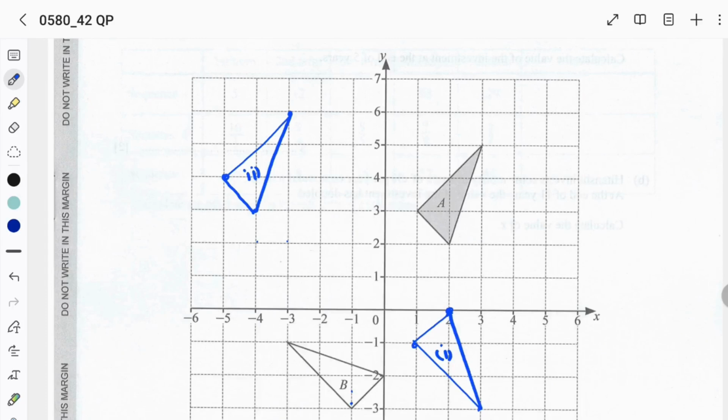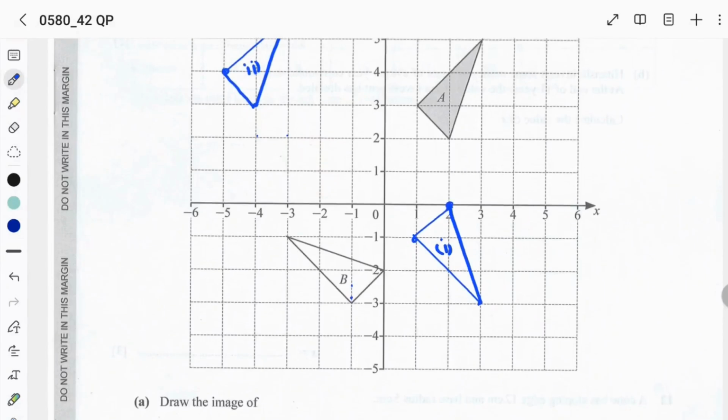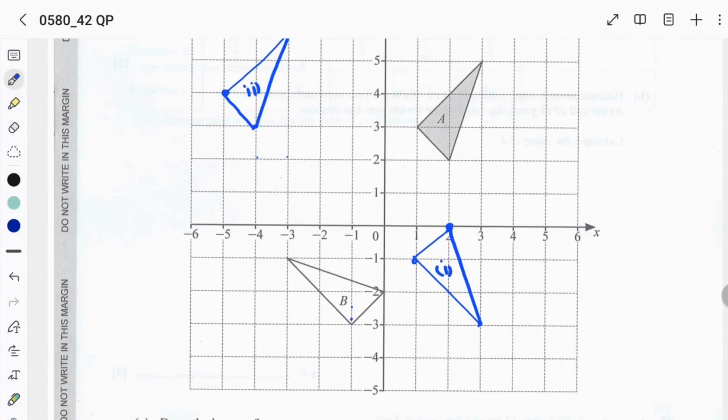So rotation is going on. Now we are going to find the center of rotation, and then find out whether it is clockwise or anti-clockwise. First of all, to find the center of rotation, we join the corresponding points, and after joining at least two pairs, we find the perpendicular bisectors.